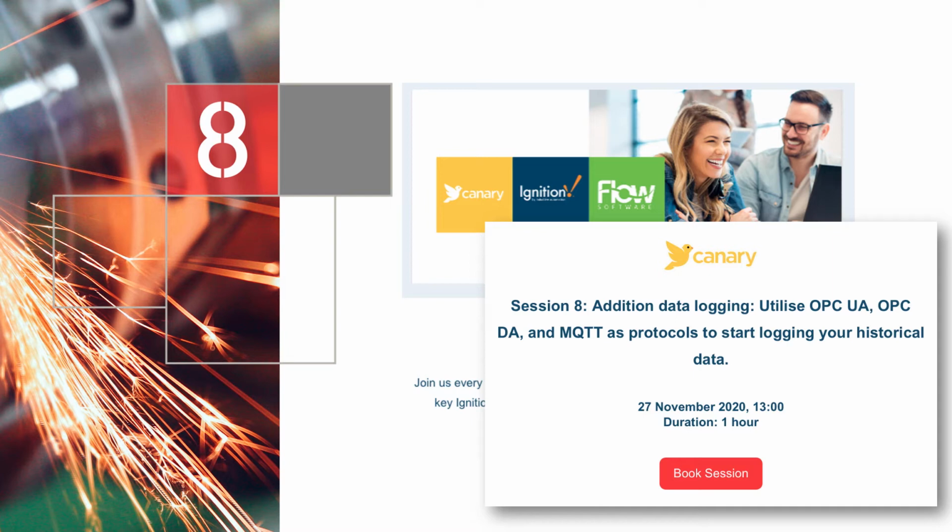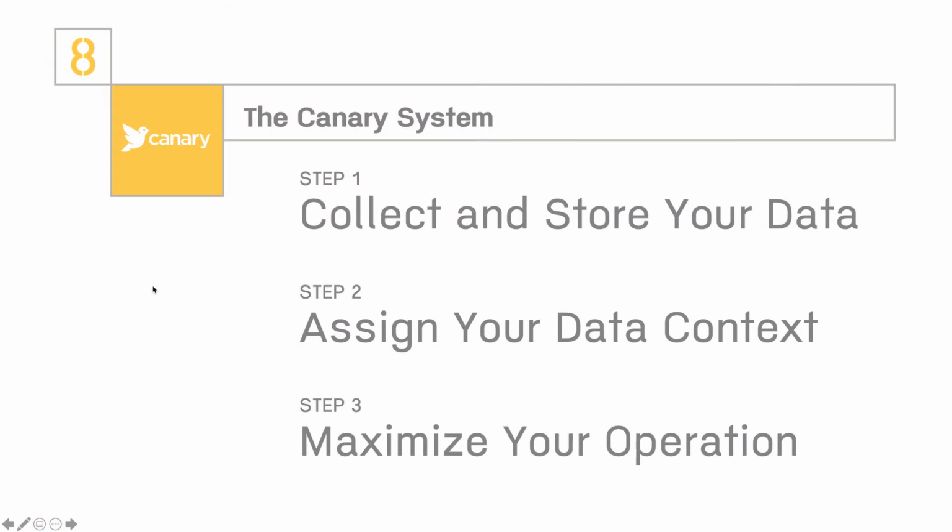The Canary Historian has a very simple 3-step process to get it up and commissioned. The first thing we need to do is collect and store data into the Historian. That's what we're going to focus on today, step number 1.